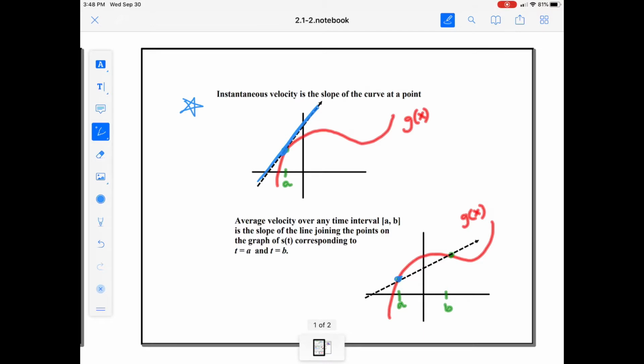Whereas average, and I hope this makes sense to you, we think average is over an interval. And that's where we think in terms of slope. That's where we take S of b minus S of a over b minus a. Average versus instantaneous.